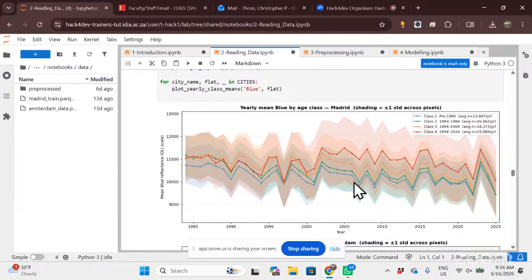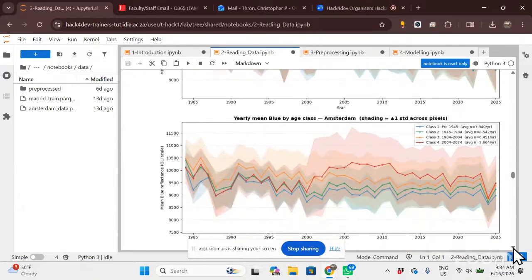So you do need to know some statistics here. Standard deviation measures how variable the data is. If you're looking at this graph, which class has the highest variability? Class 4 definitely has the highest variability. Highest mean, highest variability. Those are two aspects that might be distinguishing features for class 4, and that's per year.